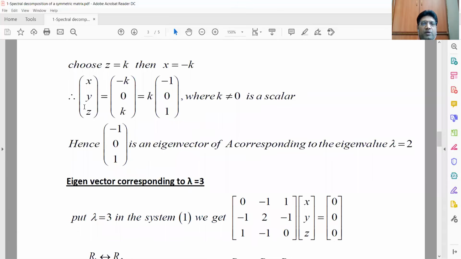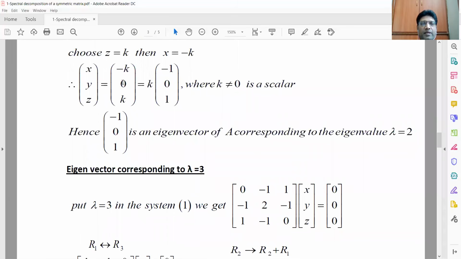Therefore (x, y, z) = (−k, 0, k). Taking k outside, it is k(−1, 0, 1), where k is a scalar not equal to 0. If I choose k is 1, I get the first eigenvector: (−1, 0, 1) is an eigenvector of A corresponding to the eigenvalue λ = 2.